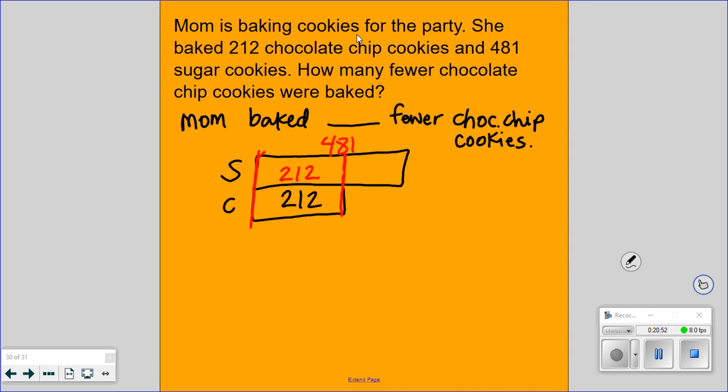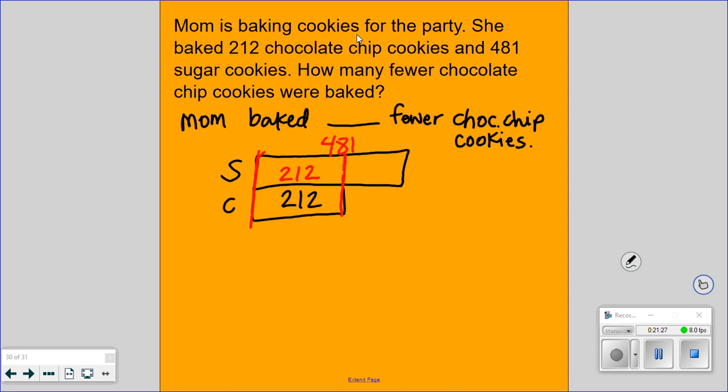What do you think? What does fewer mean? That might be helpful. Where is it on our bar? It's not where the 212 is. We've got a couple of different spots. Are we talking about here?